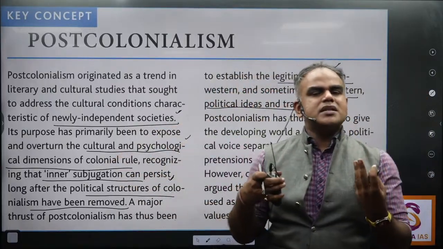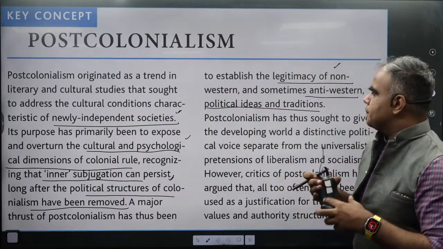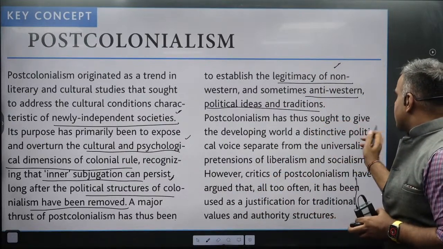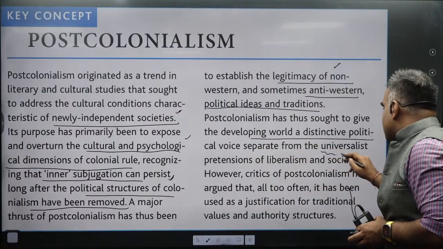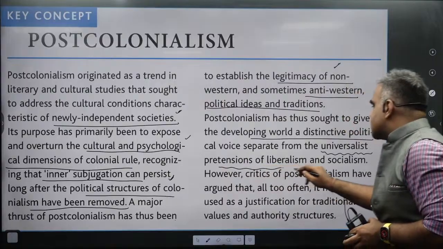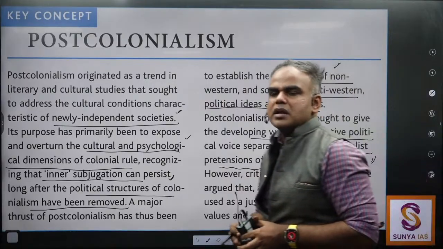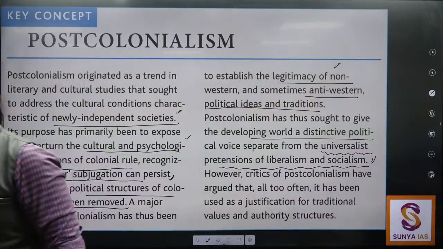Okay, so in that sense it is again speaking for oneself, right? So again give the developing world a distinct political voice separate from universalist tendencies of liberalism and socialism.